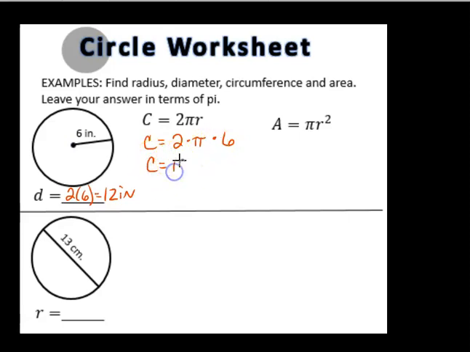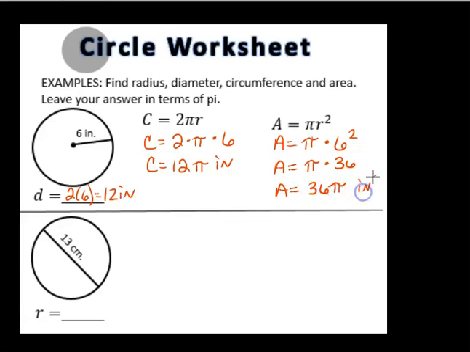So circumference equals 12 pi inches. The area equals pi times the radius squared, which would be 6. So the area equals pi times 36. So area equals 36 pi inches squared.